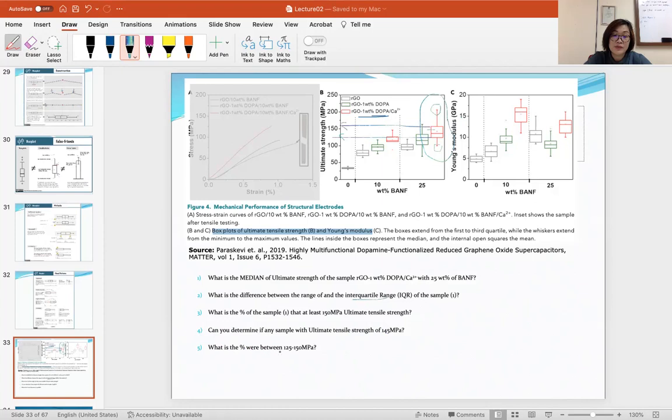What is the percentage between 125 and 150? So 125, if you look at it, seems like the lower limit, a lower upper limit. 150, then I look at the 150.